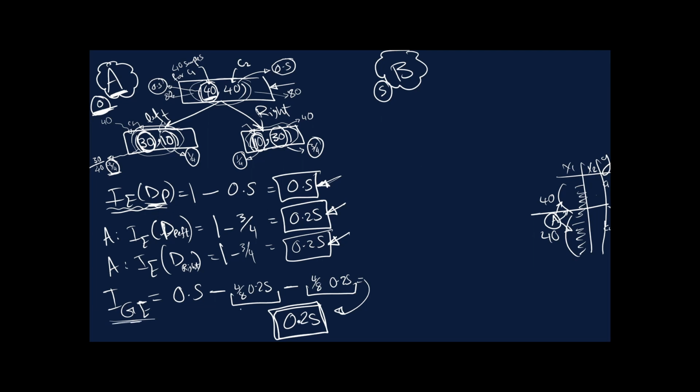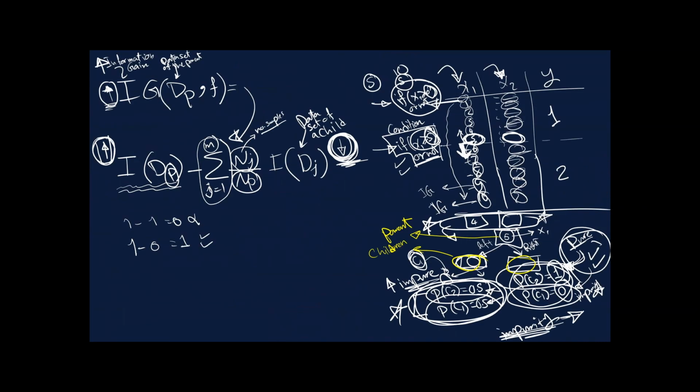Now let's take another condition, condition B, and let's see if the second split is better than the first split. So we'll start with the same parent, and here we have a nicer condition, like the 5 that we had here.